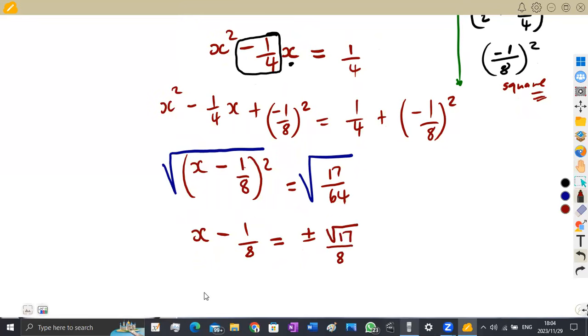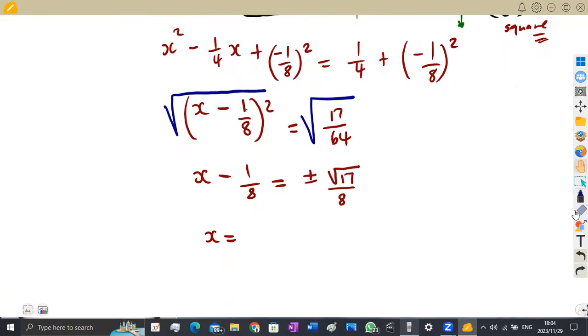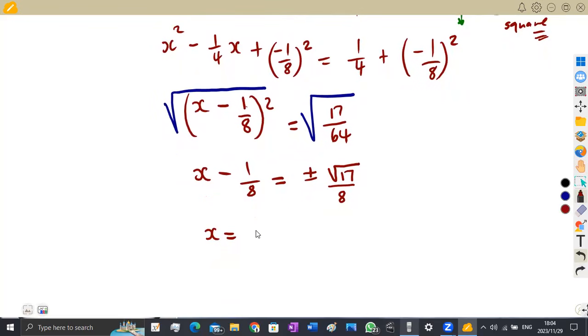So as we can see, we can actually determine our x by transposing the negative 1/8 to the right-hand side, so that it becomes what? It becomes a positive. So that is going to be positive 1/8 plus or minus the square root of 17 over 8. So from here, we can have two solutions if we consider that there is a plus and there's also a minus.